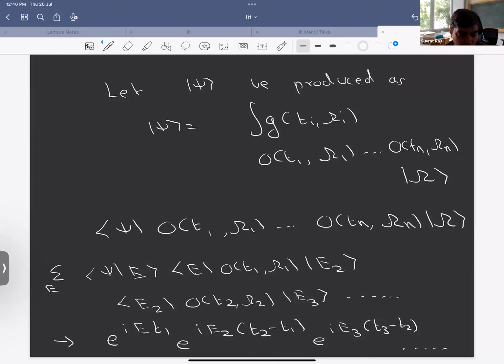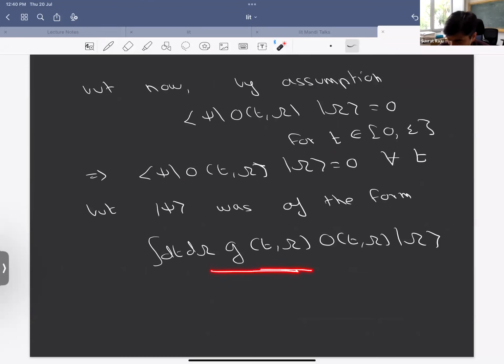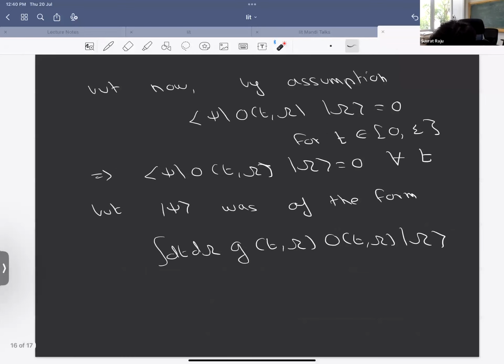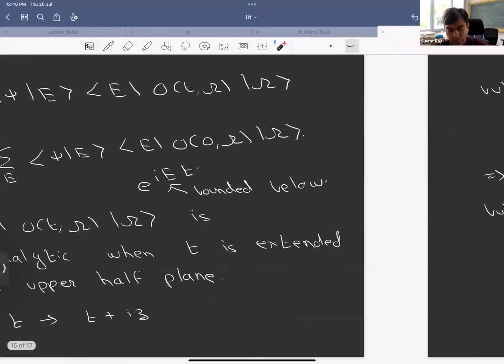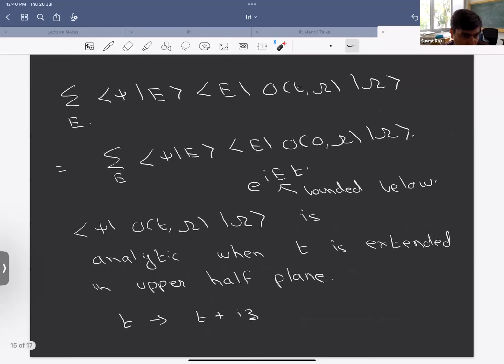But if I take a state which had bounded norm, which was normalizable in the original Hilbert space, so I choose this G so that this state psi has finite norm, then I can find another function f so that I approximate this psi arbitrarily well, but that f has bounded support within the region 0 to epsilon.